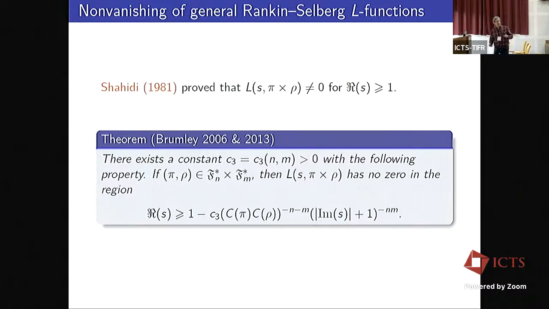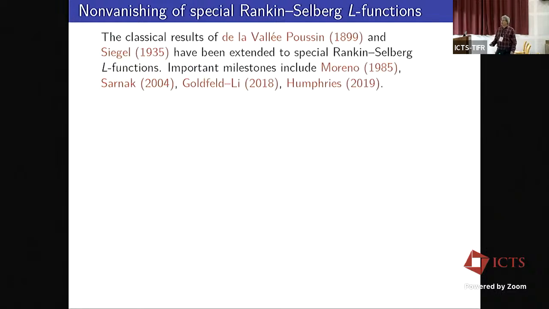You can go slightly to the left of 1, and the constant is effective here. Now the exponents n plus m and nm have been improved, but only slightly, say by a factor of 2 or something similar.